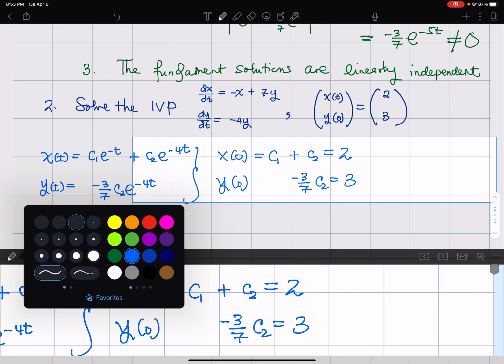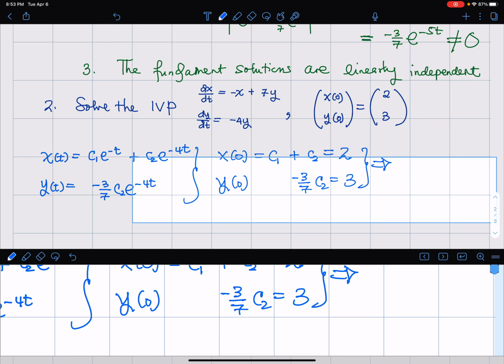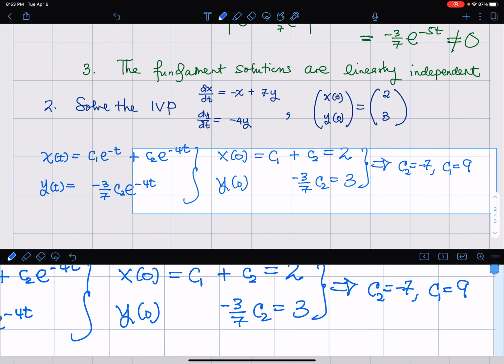If you solve this, I'll let you solve it yourself, but first of all, you see that c2 is negative 7 easily, and I think c1 is 9. Check this and correct me.